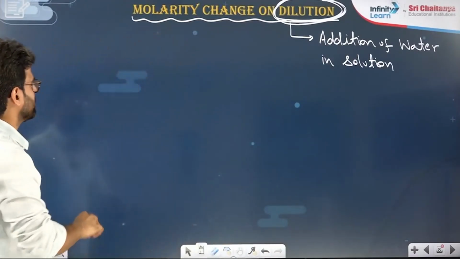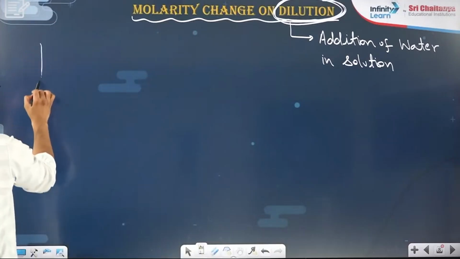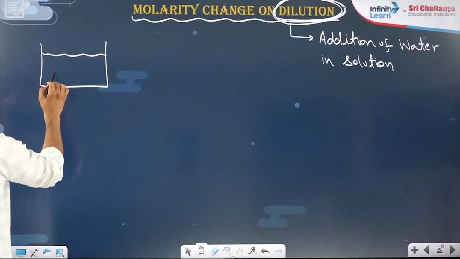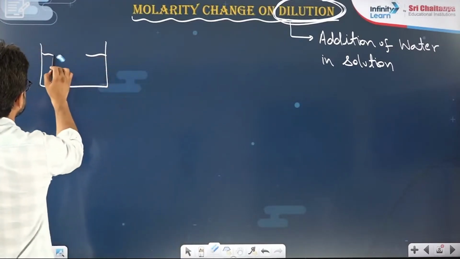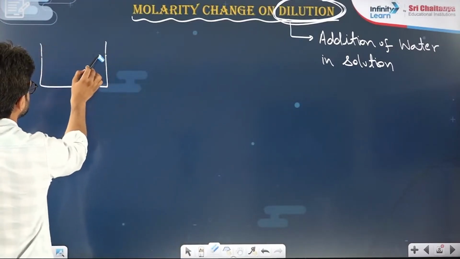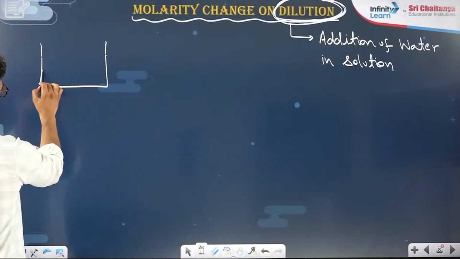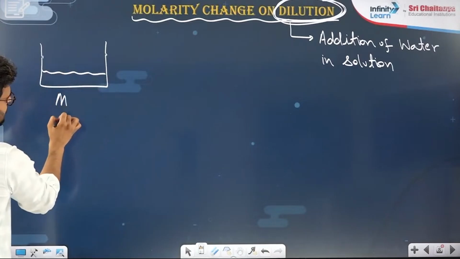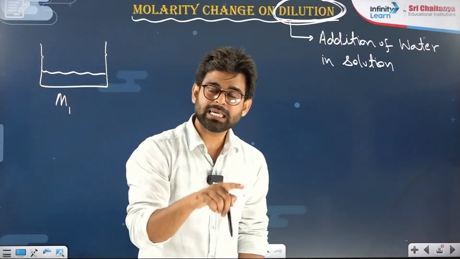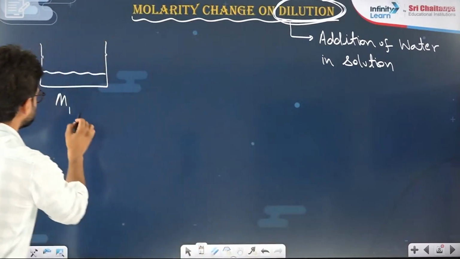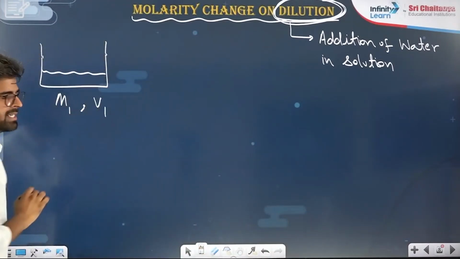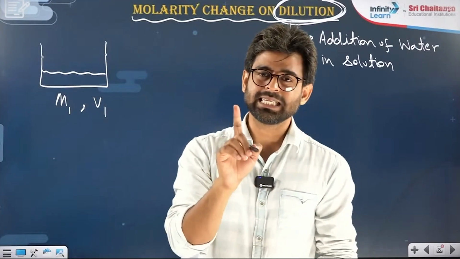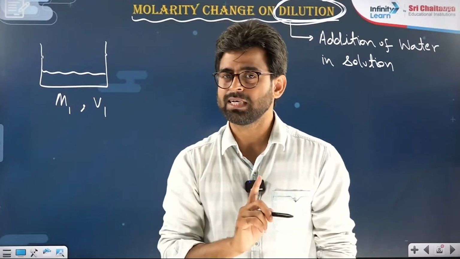So please try to understand now. Imagine we have a solution here. Its molarity I am calling M1, and its volume I am calling V1.